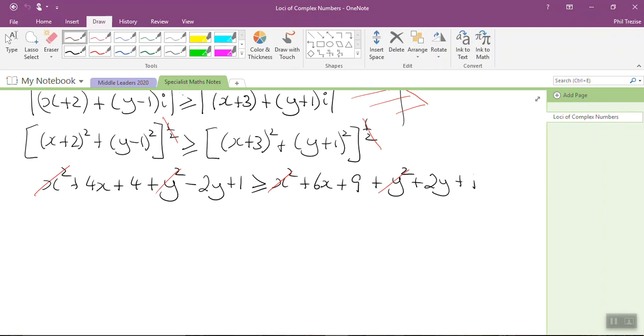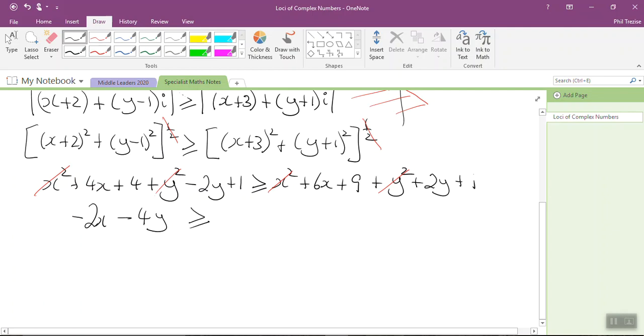Now what am I left with here? I have 4x and I have 6x. By transposing, I'd have negative 2x. Then negative 2y plus 2y. Transpose this term, and I'd end up with negative 4y is greater than or equal to.